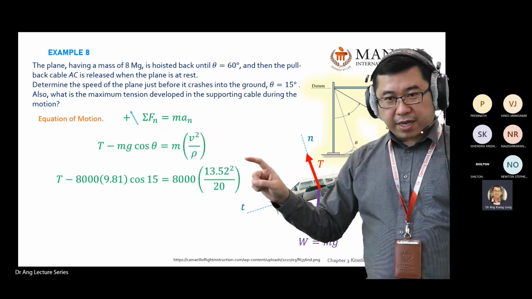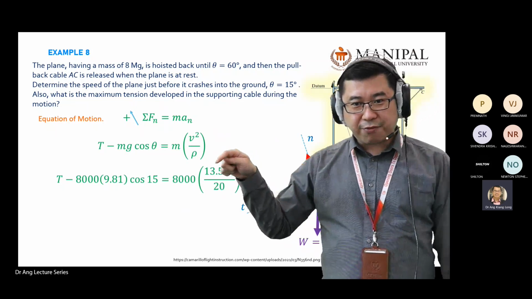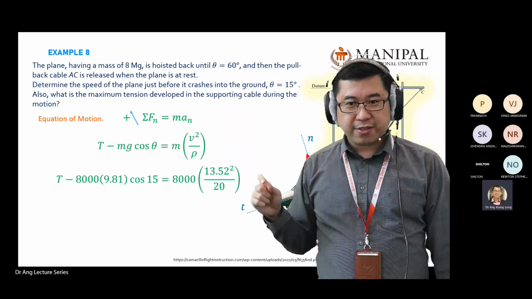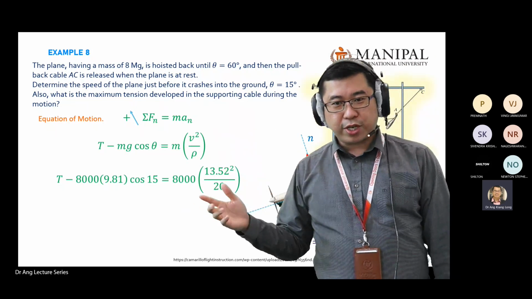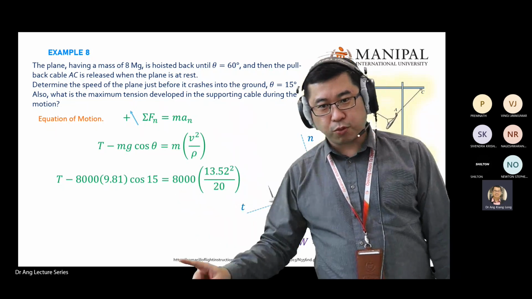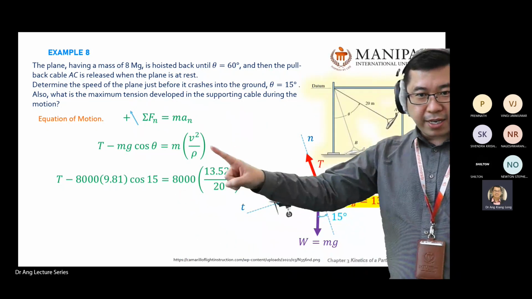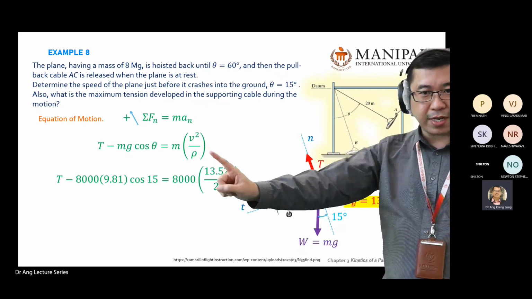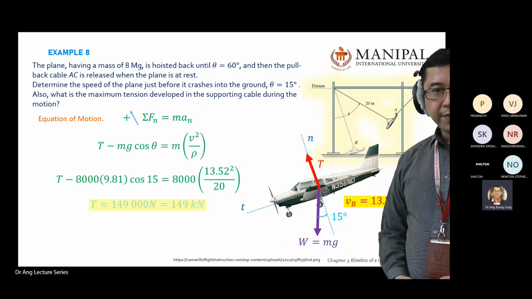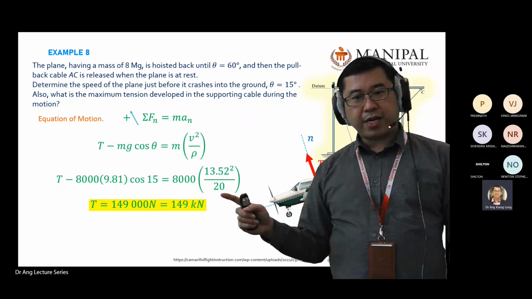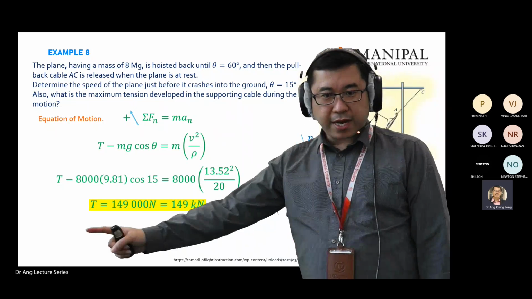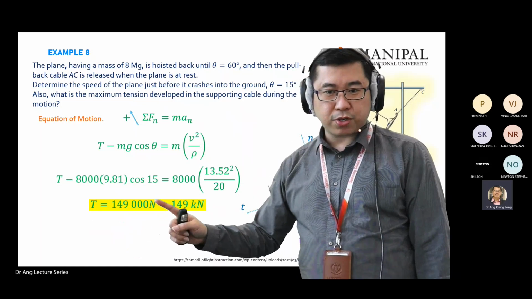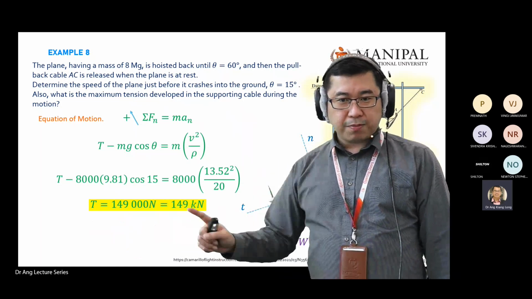Then if you calculate the wrong velocity in section A, sorry to say you don't have marks for the following steps already. But if you write this one, you have marks for this one and this one. So you rearrange. You can either write 149,000 Newton or put it in kilonewton.